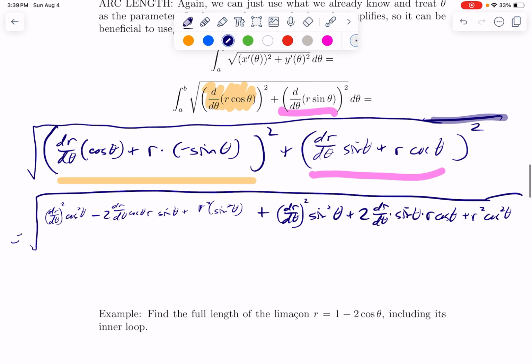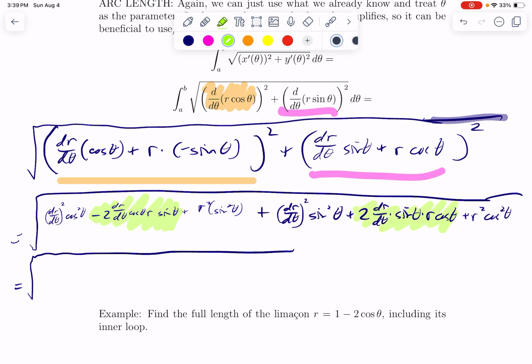So let's just take a look at what we have here. These that I'm highlighting in yellow are opposites. So I'm left with 4 terms. 2 of them have the derivative squared, and 2 of them have r squared. I'm going to factor this out. So dr d theta squared, and that's multiplied by both cosine squared and sine squared.